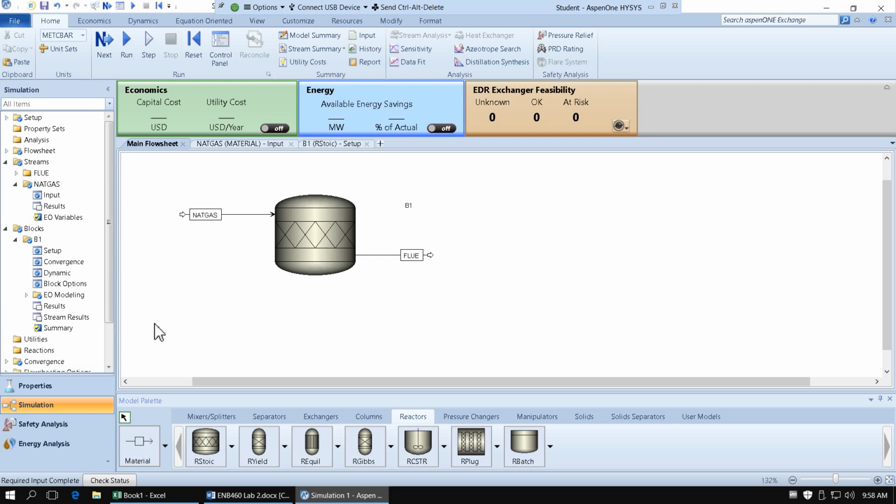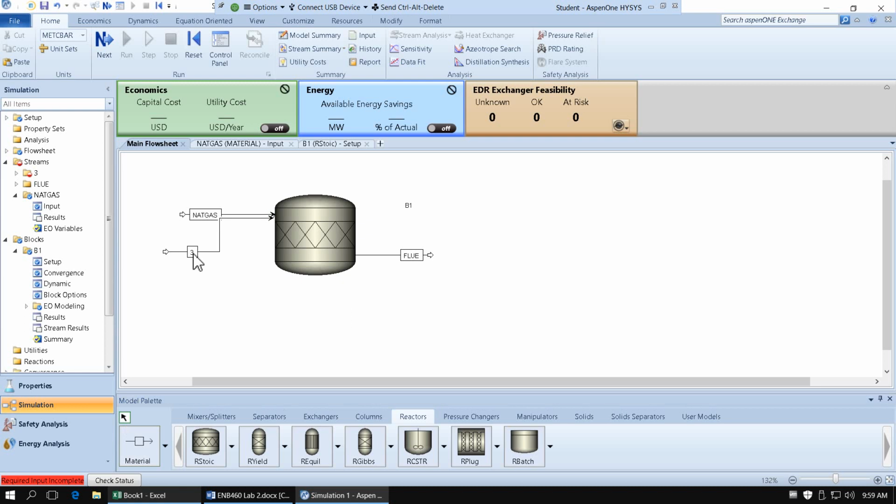So we need to add another material stream. Still going to the feed port right there. It's blue because the required number of streams has already been fulfilled, but we can add more than one stream. That's what we're going to do now.